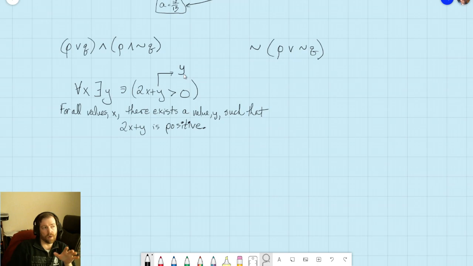It doesn't always have to be greater than 0. The point I'm trying to make here is that the y value is going to depend on the x value that's chosen. So we can make an inequality out of this one, where y will be dependent upon the value for x.